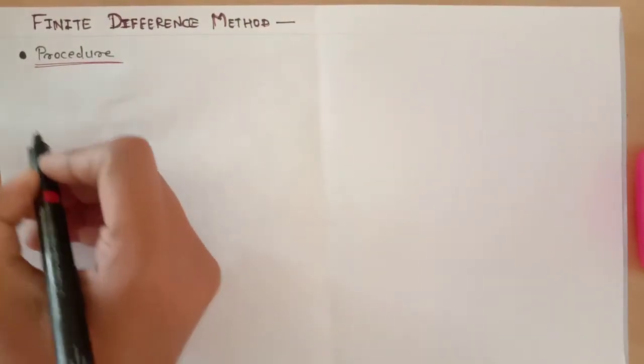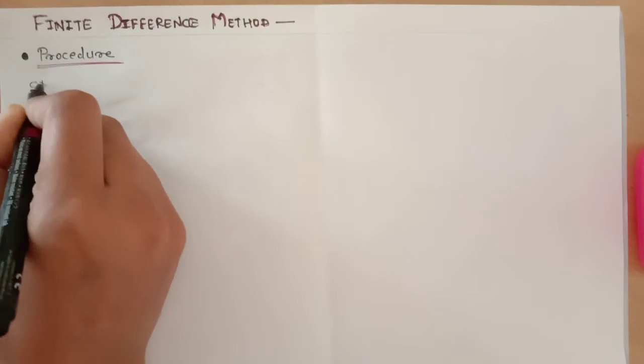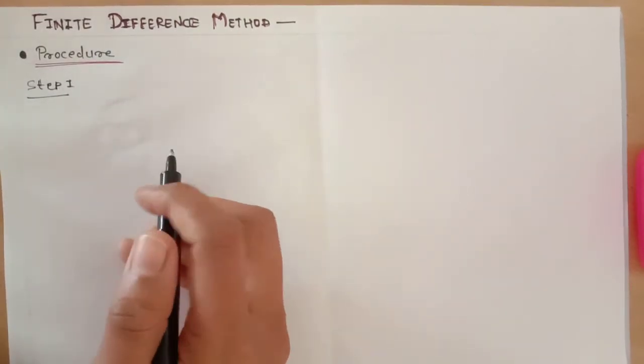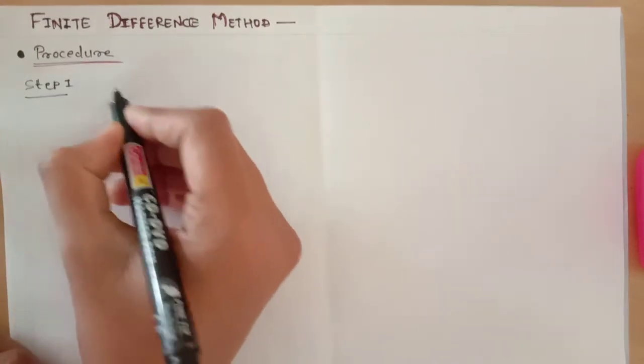So step number one: the first step is to divide the beam into a number of parts and mark node points.